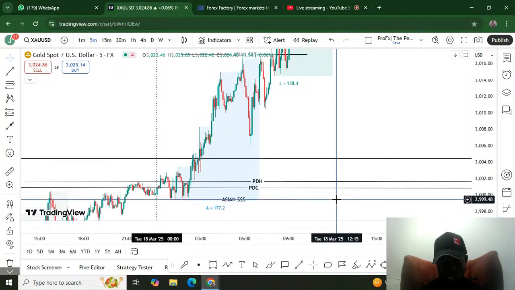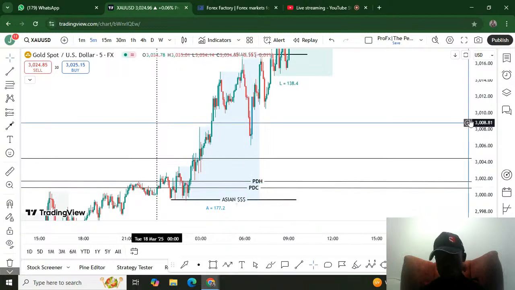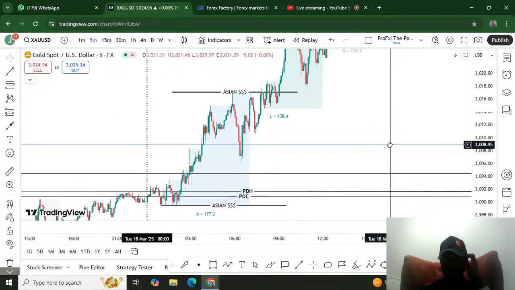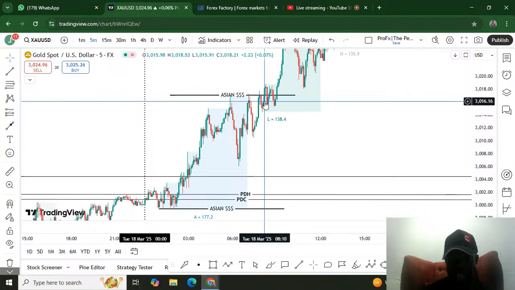This is the Asian range. This is the previous day close, previous day high. So what can you say here? Before London open, London opened by 8 o'clock here.